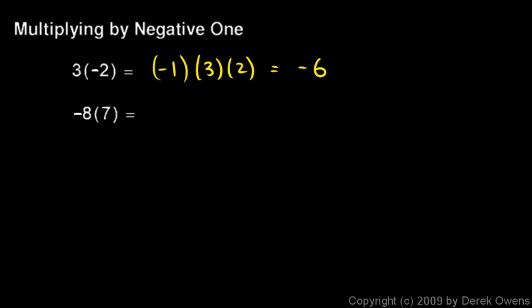Negative 8 times 7 would be the same as negative 1 times 8 times 7. And we know that 8 times 7 is 56, and when we multiply by negative 1, we get negative 56. Again, 8 times 7 gives us our 56, and the negative 1 shows up in the answer right there, negative 56. So a negative sign applied to one factor results in a negative sign applied to the answer.